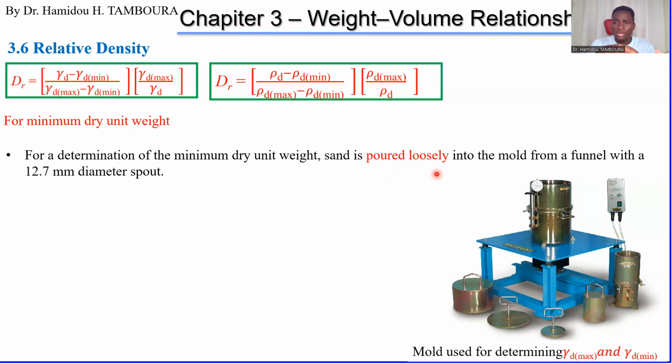So in that case, you don't need to make any effort. You don't need to do any complicated thing. You just pour your soil, your sand, in the mold. Just loosely pour it. Okay? You don't need to do anything.